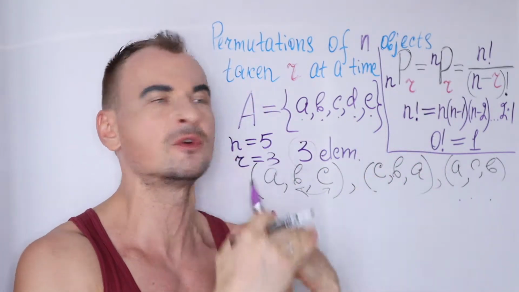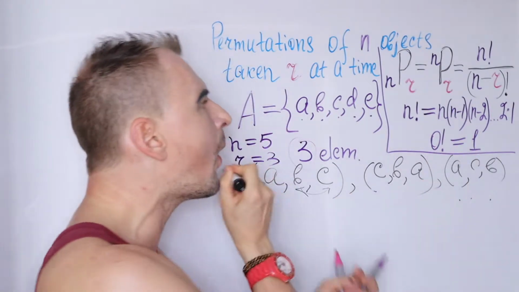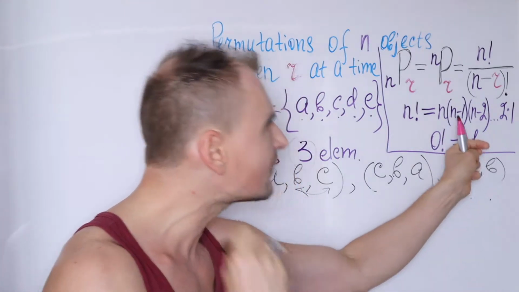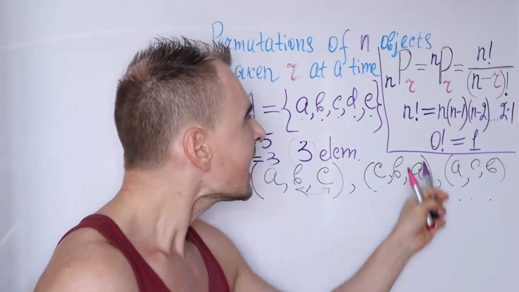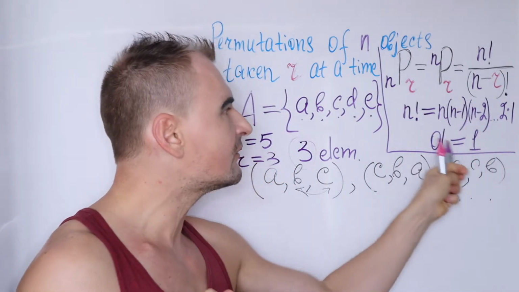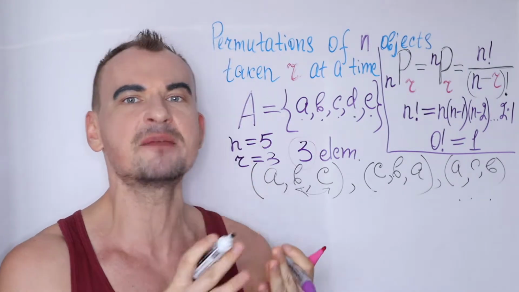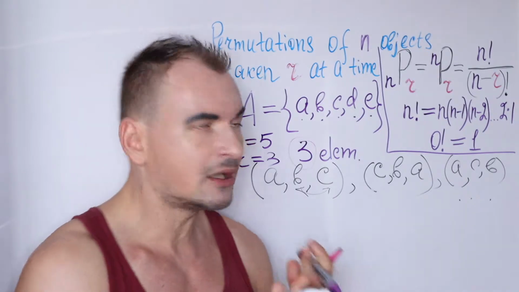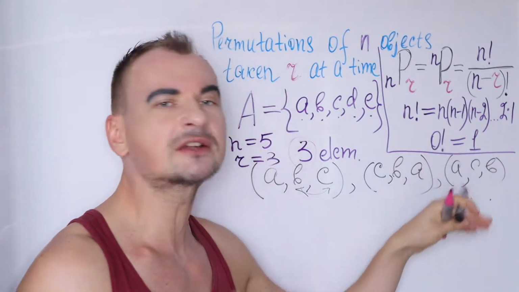You start with N and multiply all the way until you hit 1: N times N minus 1, N minus 2, all the way to 1. And by definition, which is convenient when working out these coefficients, 0 factorial is 1.